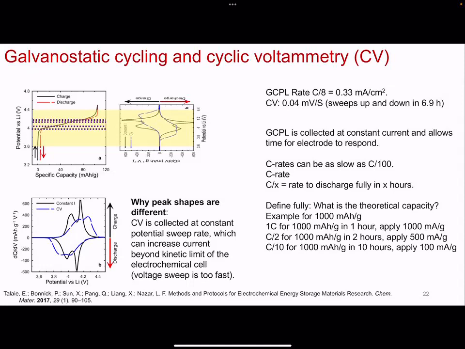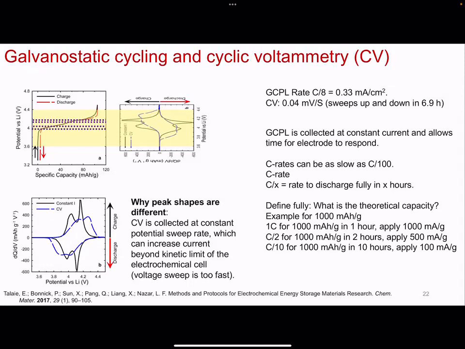So we haven't talked about cyclic voltammetry here, but essentially all it is, you apply a voltage sweep. So that means the current response is going to be different. You can apply a really fast sweep, millivolts per second, all the way down to microvolts per second. And what you want to see when you're sweeping these different rates is whether there is a dependence of your material on frequency. And typically in real materials, the answer is yes.